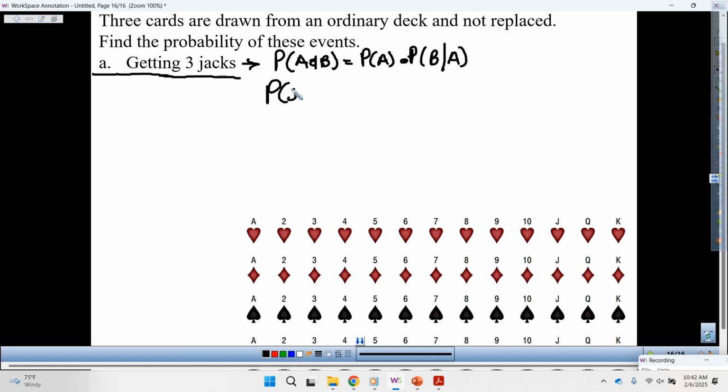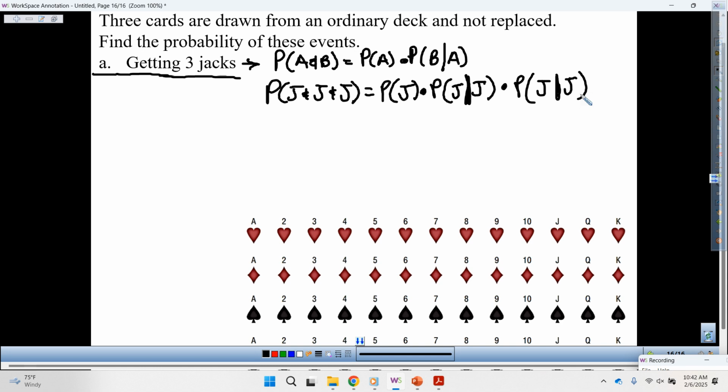So I'm going to write P of J and J and J. You're like, it's 3 things now, Mr. Hugh. Yes, it's okay. So that means P of J times P of J dependent on the previous J times P of the new J dependent on the previous J. So P of J and J and J.